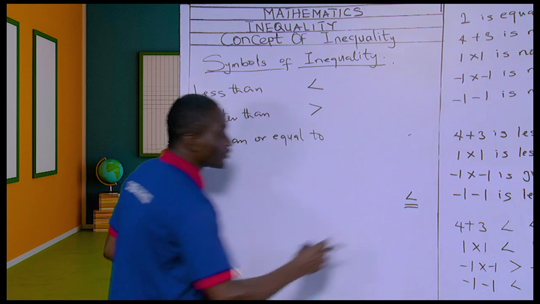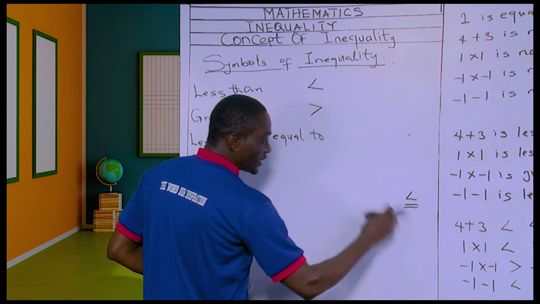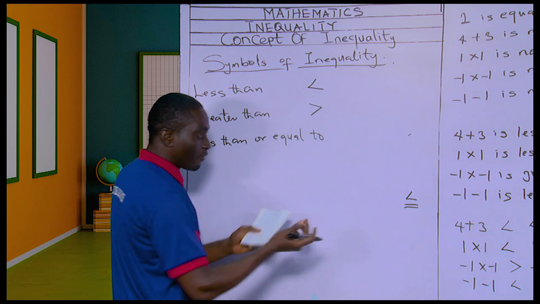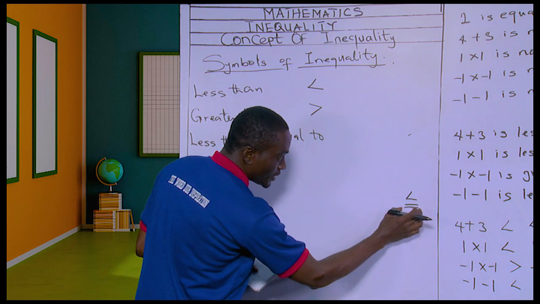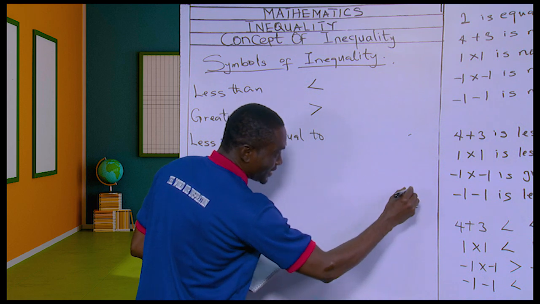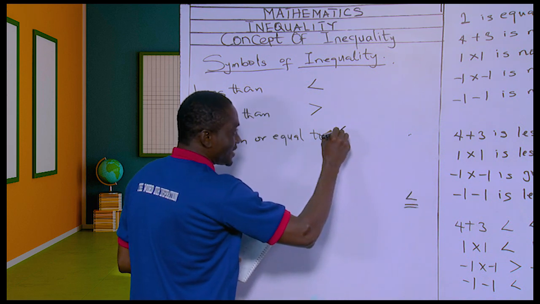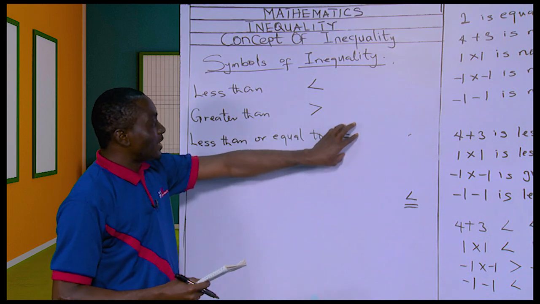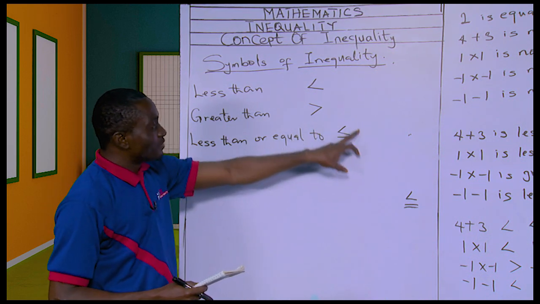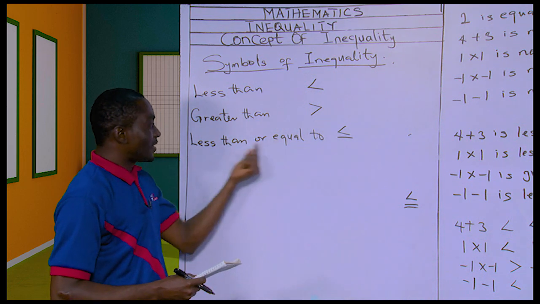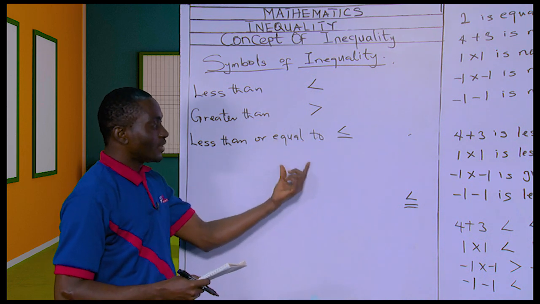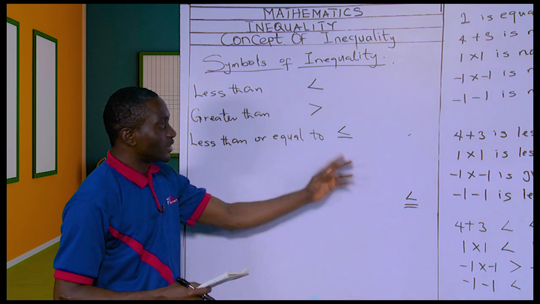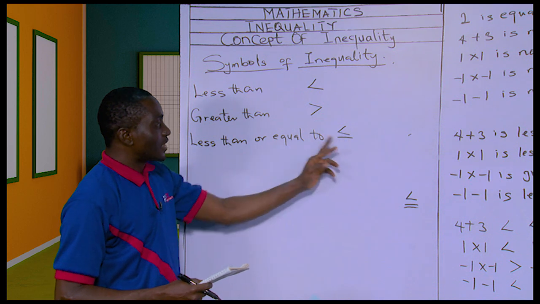Combining the two together in a better form, we remove one of the equal signs to give us this. That is how we now generally accept these symbols to serve as less than or equal to.